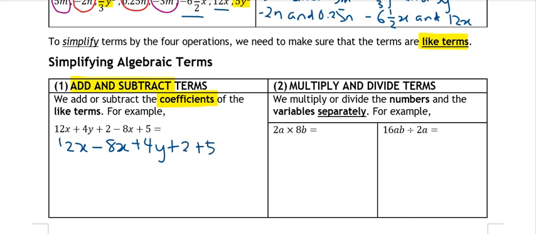When you have these, you can start to simplify the terms by adding or subtracting the coefficients. So here for x, the coefficients are 12 minus 8. So 12 minus 8 will be 4. So this will be 4x.